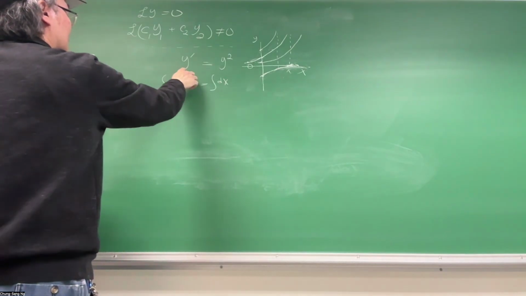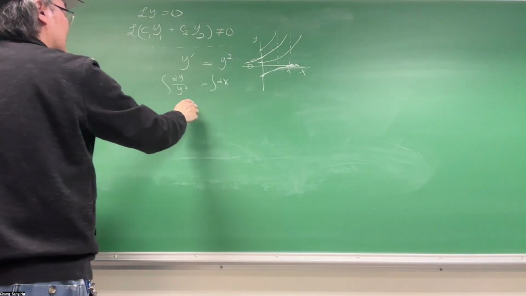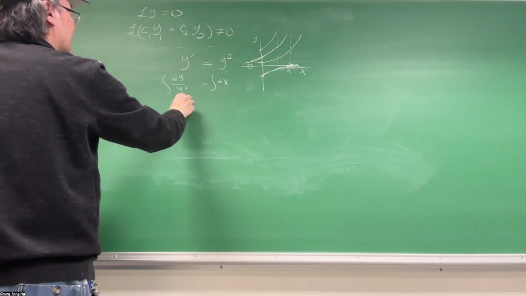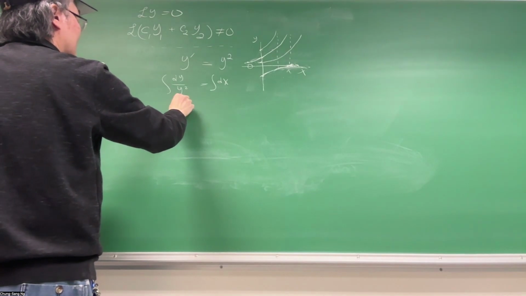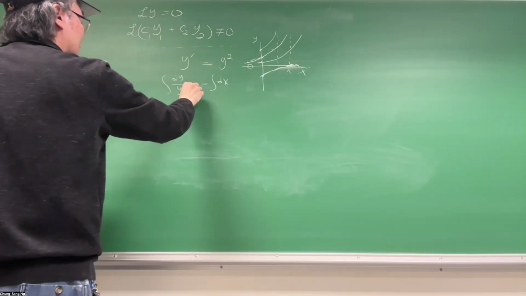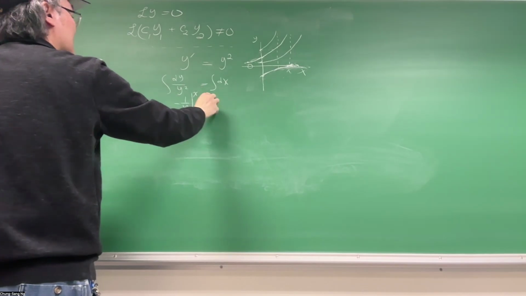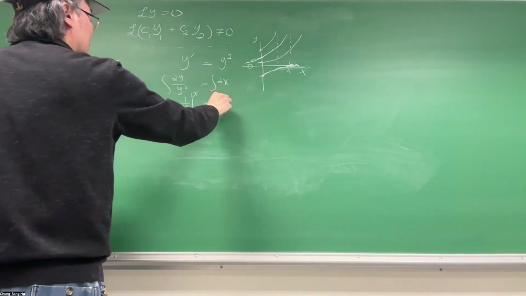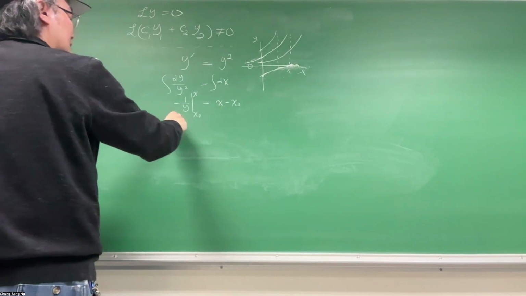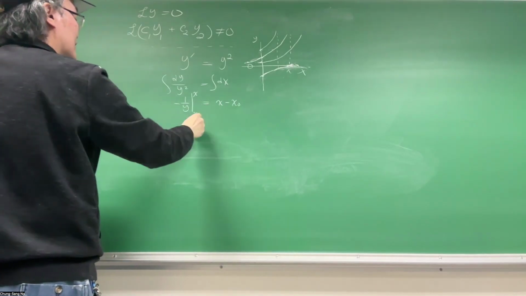So that gives you 1 over y, right? 1 over y minus 1 over y, so minus 1 over y. That's the x0. X equals x minus x0, right? And so you invert that.